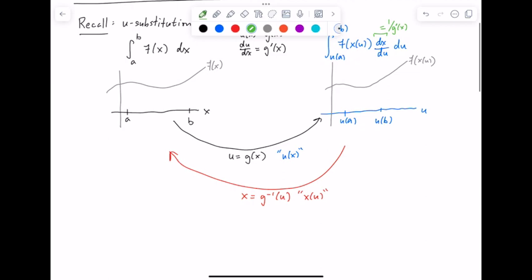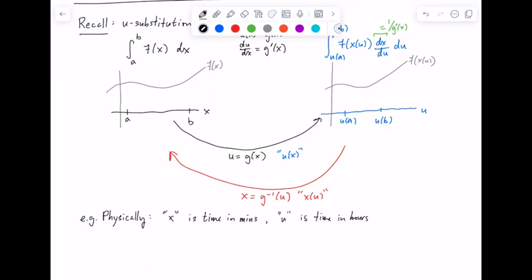So this was one of the common tricks that we've seen in one variable calculus. And there's also a physical intuition to what's going on in u substitution. For example, you might be given some experimental data where x is time measured in minutes, u is in fact time measured in hours, and f of x is the velocity of a particle at time x, in meters per minute.